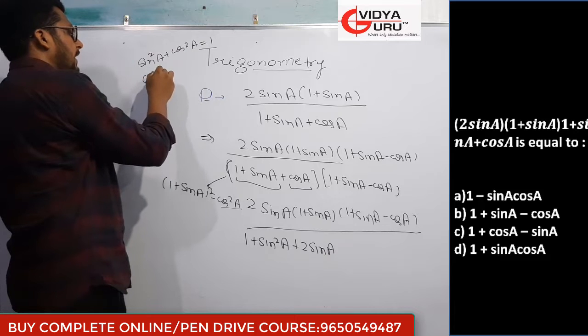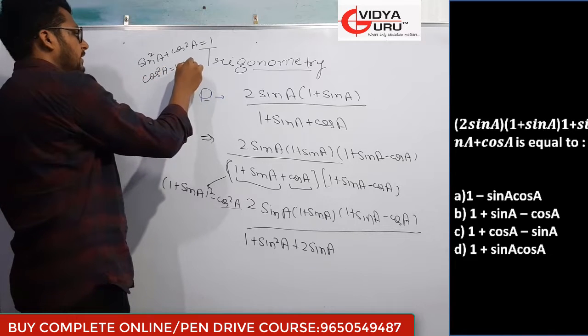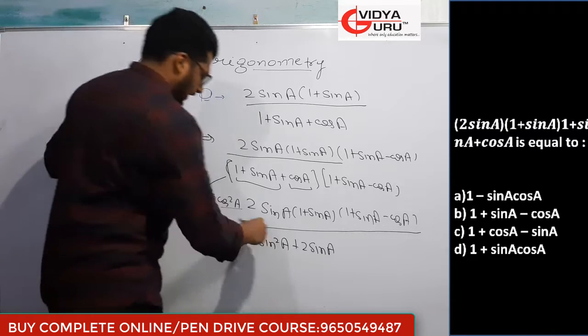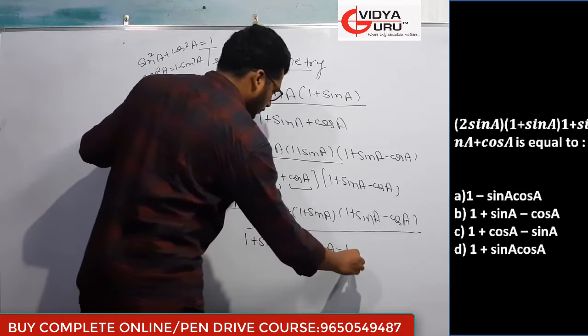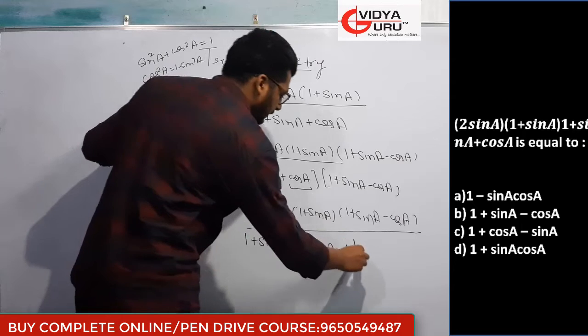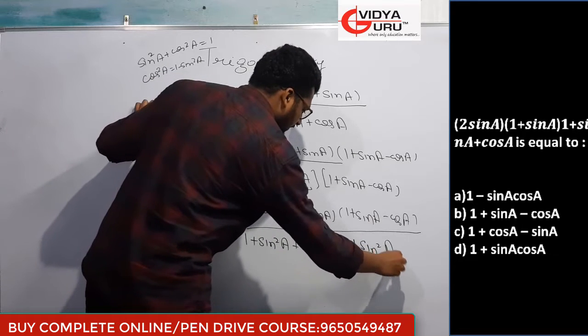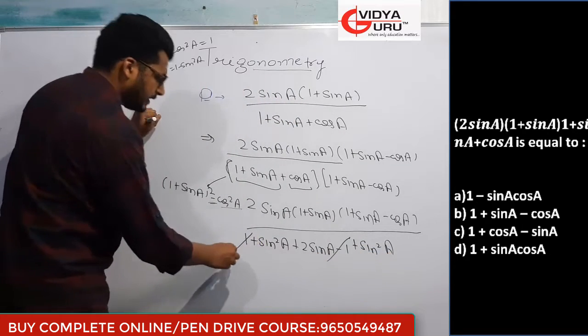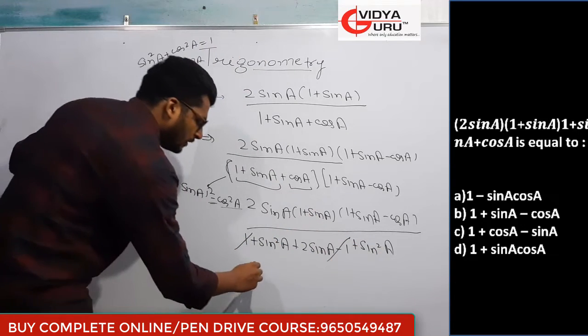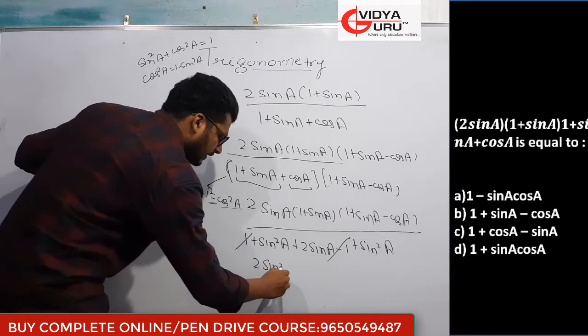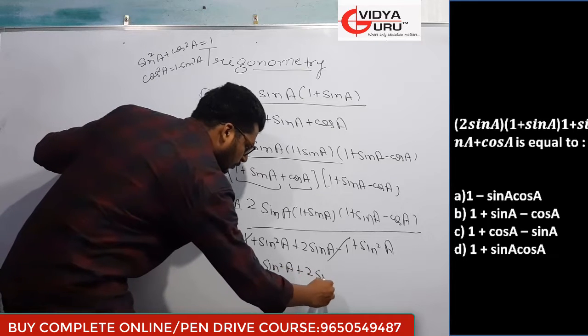So cos square A can be written as 1 minus sin square A. Minus is there, so minus 1 and minus sin square A, that means plus sin square A. This 1 will be cancelled out. Sin square A will form 2 sin square A and this will be 2 sin A.